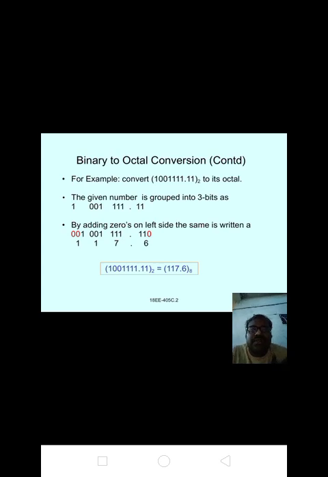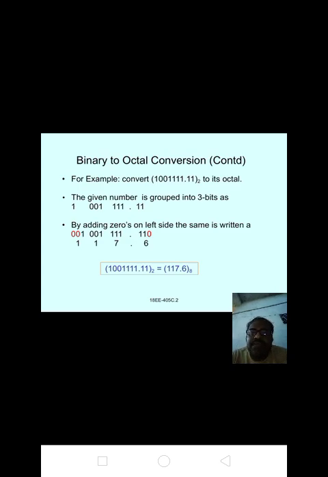Binary to octal conversion. For example, convert 1001111.11 base 2 to its octal. The given number is grouped into 3 bits: from the point, left to right for the fractional side, and right to left for the integer side. 1 001 111.11.